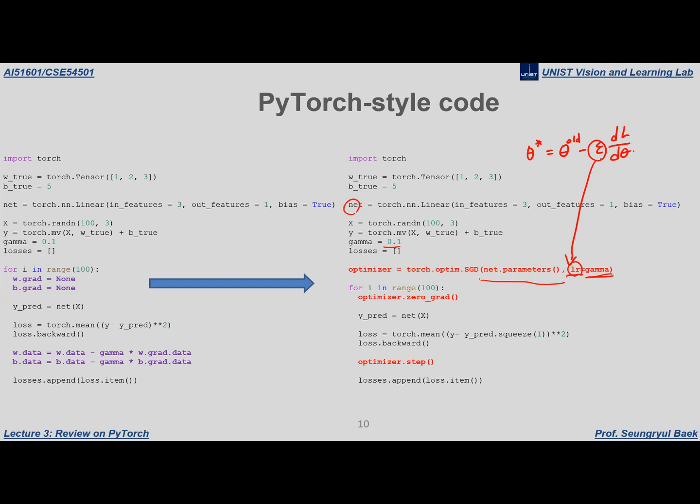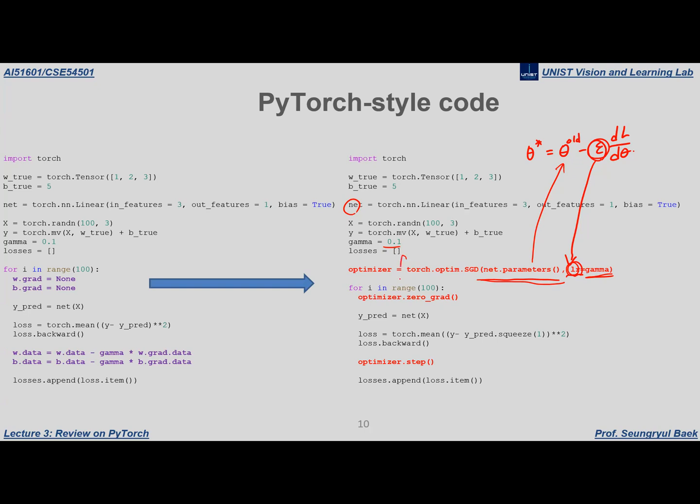Net.parameters has the list of all the parameters we have to access. And this LR is the learning rate, meaning this epsilon.